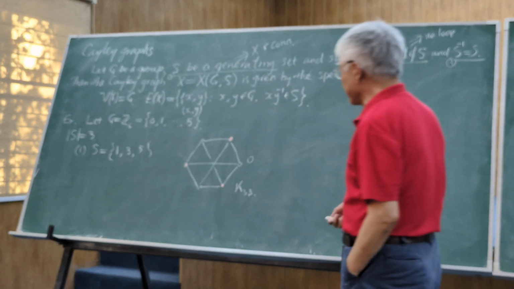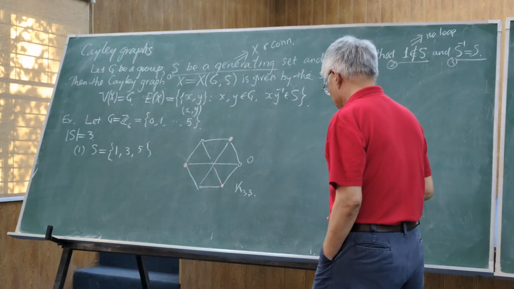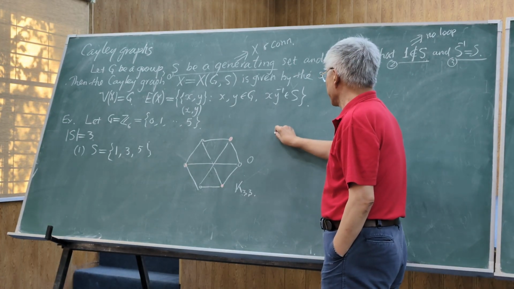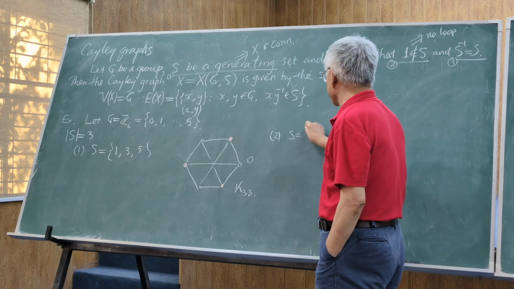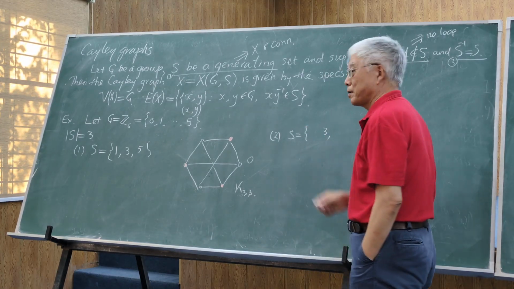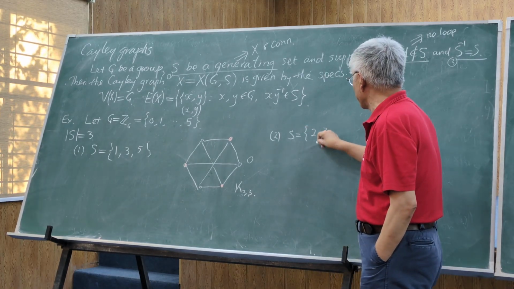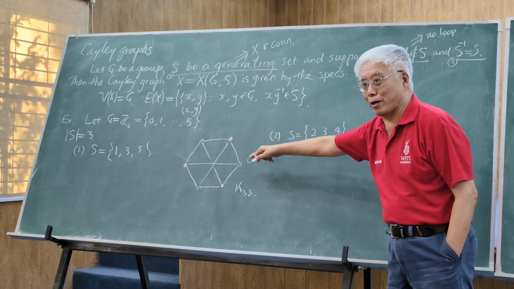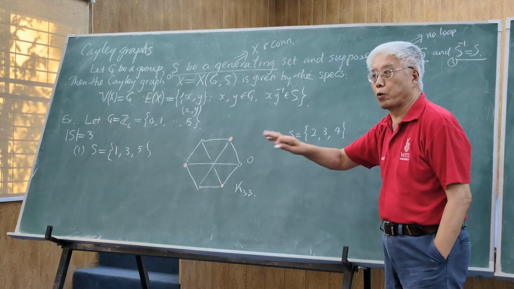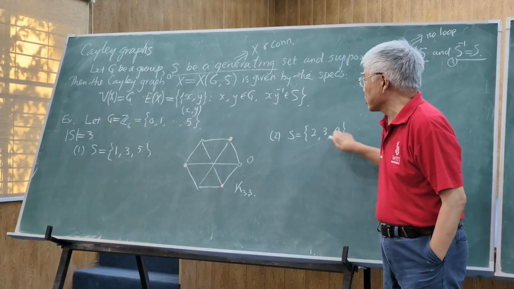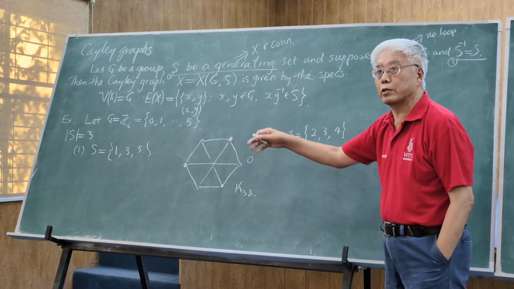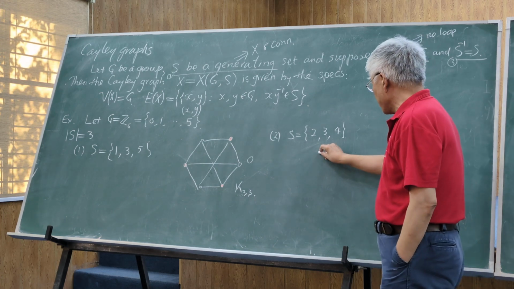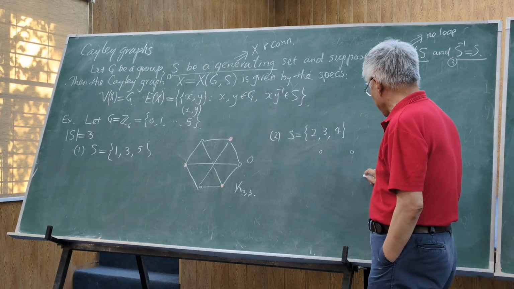Now let us take another one. So 3 must be there. What are the other 2 elements? 3 must be there. You can take 2 and 4. And we will see whether we have the same graph coming out. This might give the same graph, but in which case we have some nice, interesting phenomenon. Let us do it here.